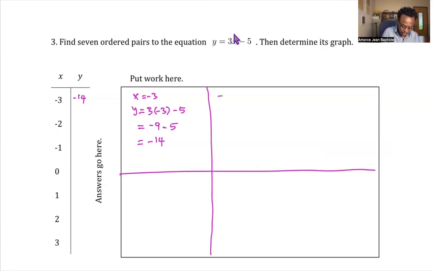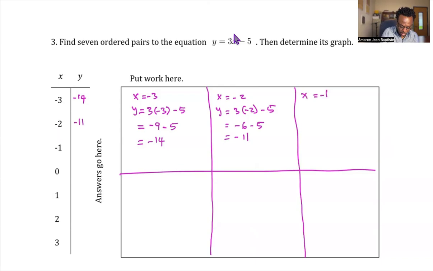So x equals -2. Y is 3 times -2 minus 5. That is -6 minus 5, -11. So this one won't be seen also in the grid that is given. X equals -1.